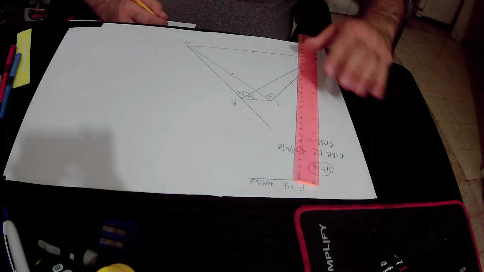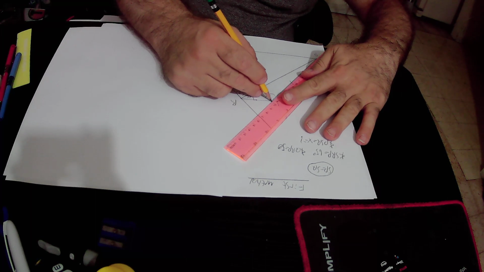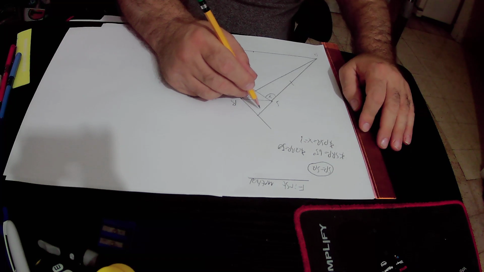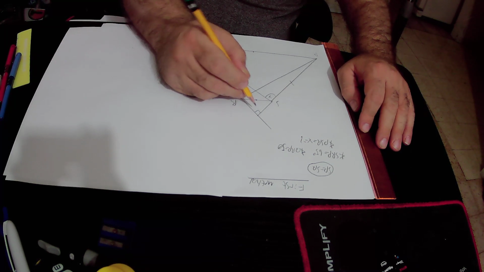So here this angle equals 90 degrees. It is a right angle.